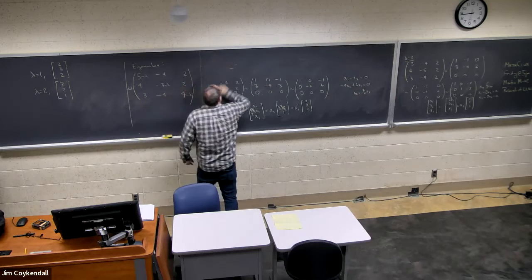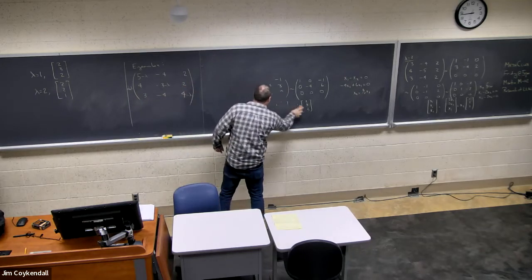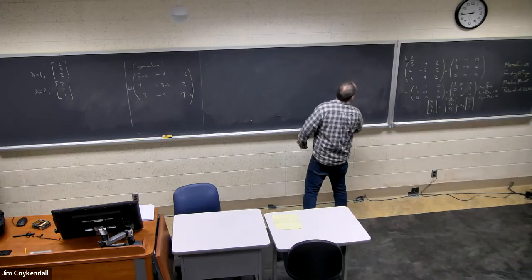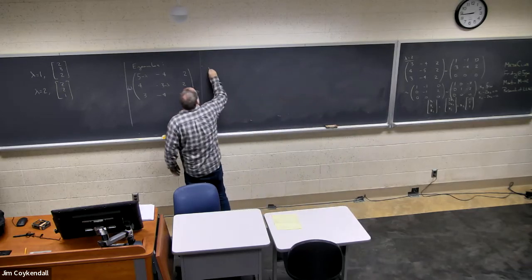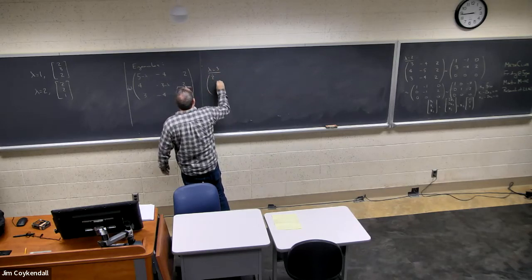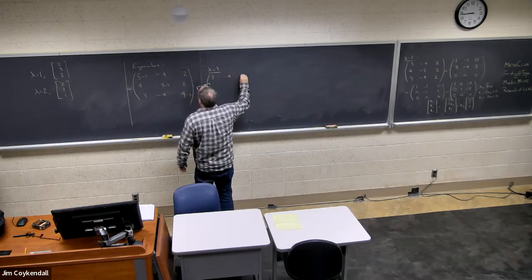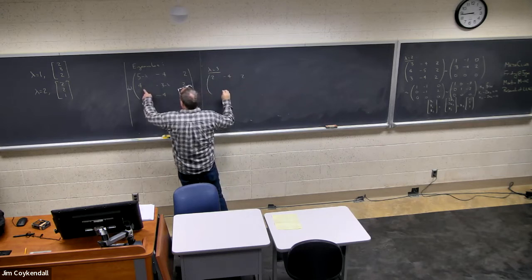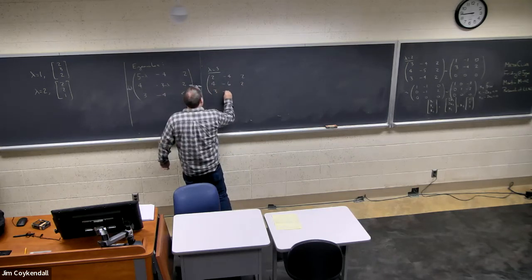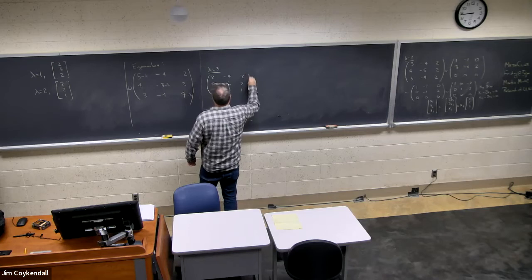And finally, for the eigenvalue 3, I get the matrix 2, minus 4, 2, subtracting 3 from this, 4, minus 6, 2, and 3, minus 4, 1.